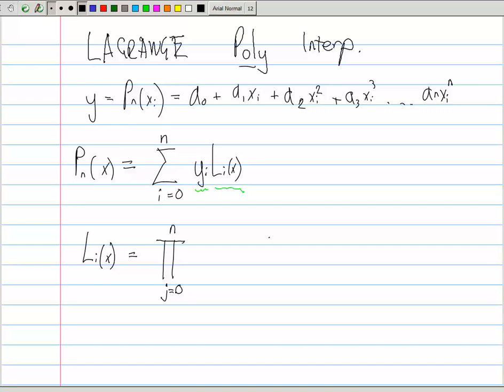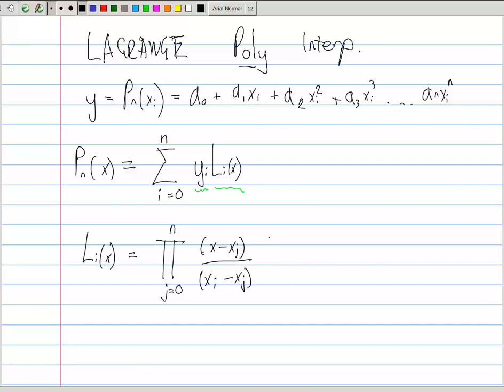The big pi means you're going to increment each item, subscript j, up to n, and instead of adding them like with the sigma, you're going to multiply them. So this is going to be x minus xj divided by xi minus xj.